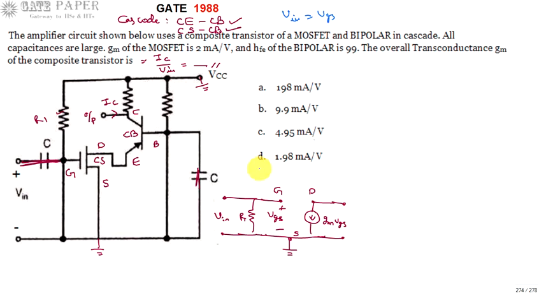Next I am going with this transistor, and the emitter and drain are connected together. The drain of the MOSFET is connected to the emitter of the BJT. So if this is the drain, you can treat this as the emitter. From the emitter there is a resistor, that is called HIE.